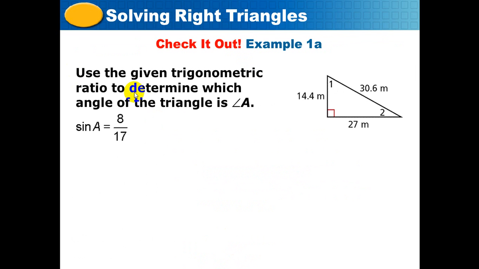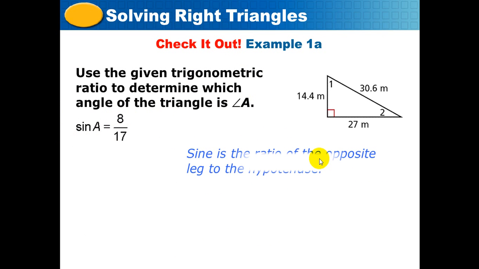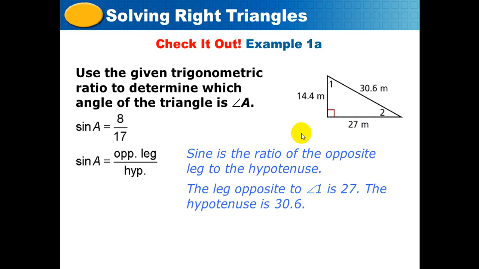Another example, use the given trigonometric ratio to determine which angle of the triangle is angle A. If given sine A equals 8 over 17, we know that sine is the ratio of the opposite to the hypotenuse. Let's try angle 1. The opposite to angle 1 is 27 and the hypotenuse equals 30.6.